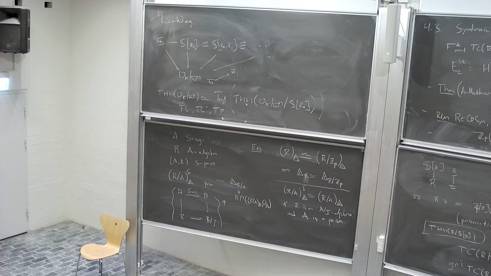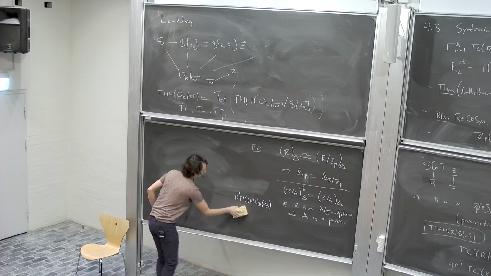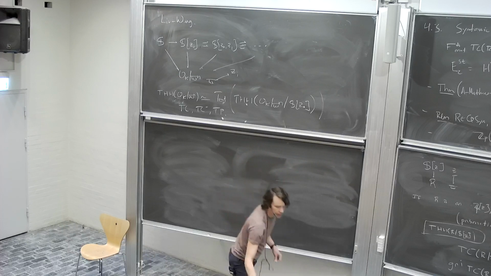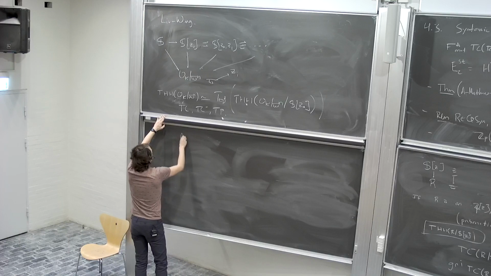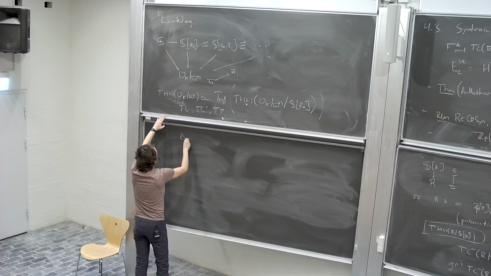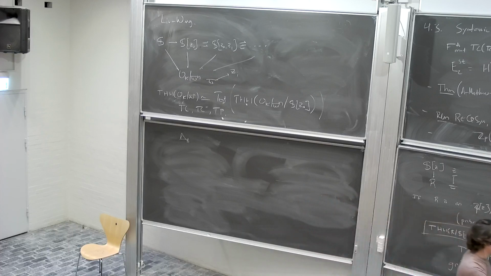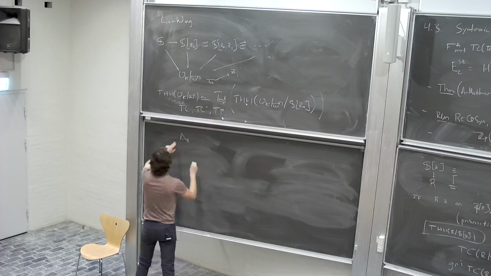And now, let me say one more sentence. Basically, let's consider the problem of computing the absolute prismatic cohomology of R, which is the associated graded of this.